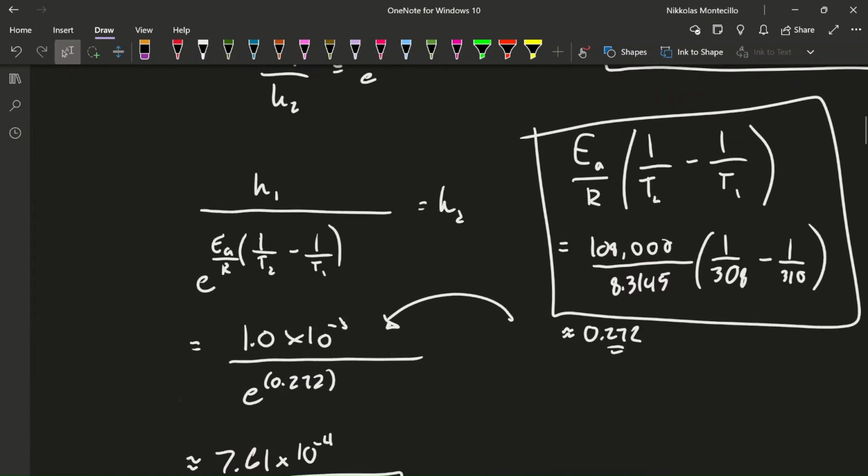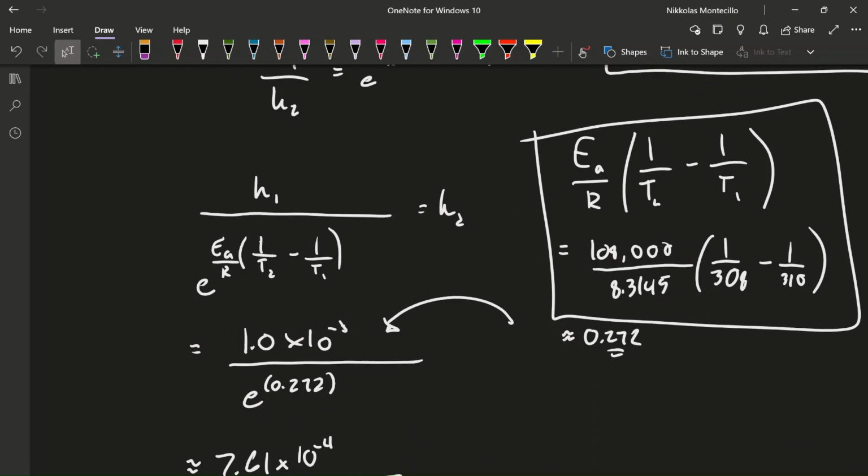Which gets us a certain value, which is approximately 0.272, right?